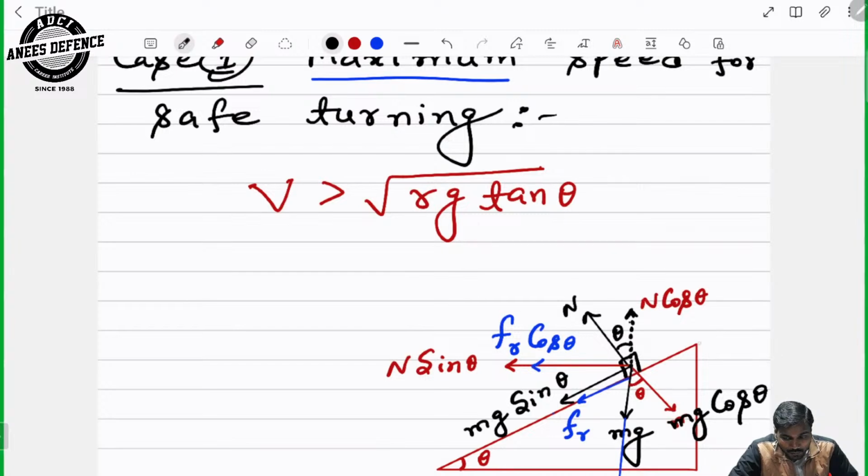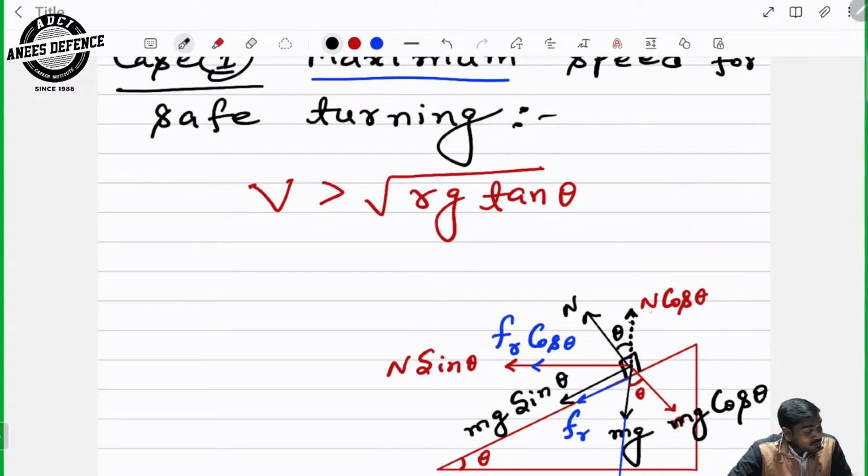So the component of friction force in the horizontal direction is Fr cos theta, and in the vertical direction Fr sin theta. So N sin theta minus Fr cos theta is equal to centripetal force.